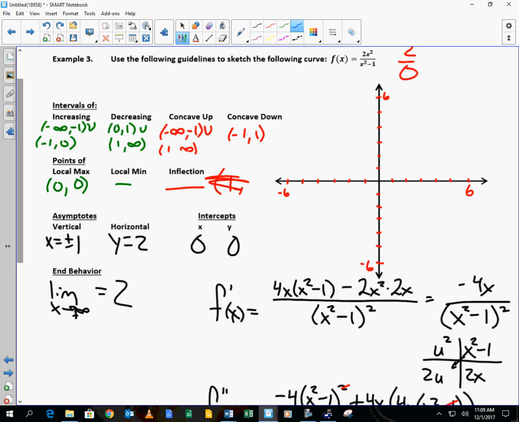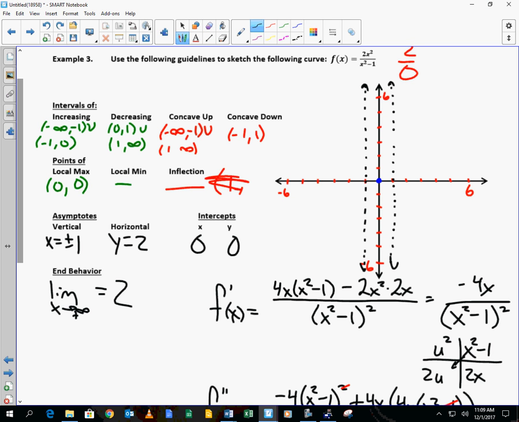All right, here we go. What do I plot? What do you want, Mark? Okay, you want to do 0, 0 and asymptotes. Let's do it. So I got 0, 0 right there. And I'll do some asymptotes. I've got negative 1, positive 1.